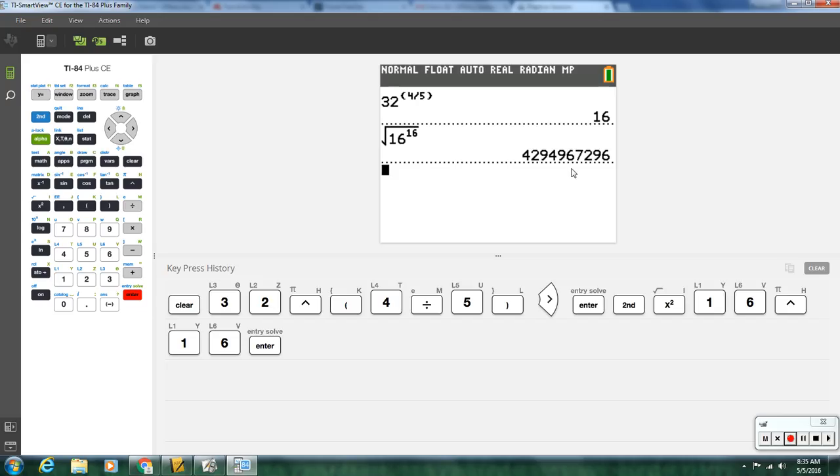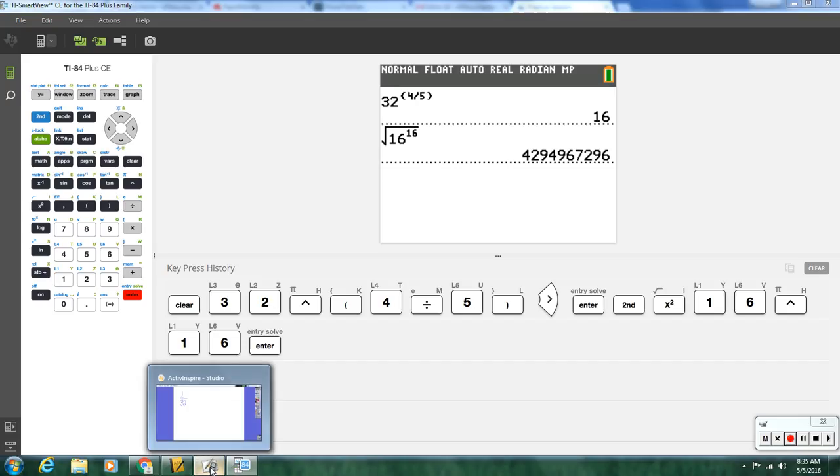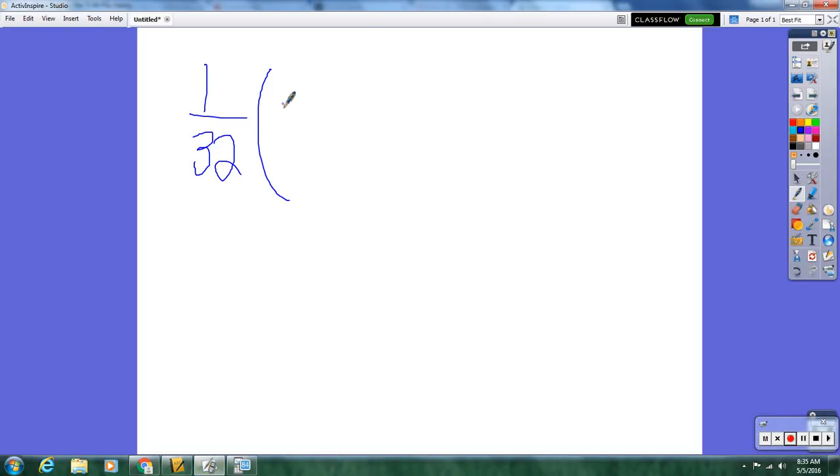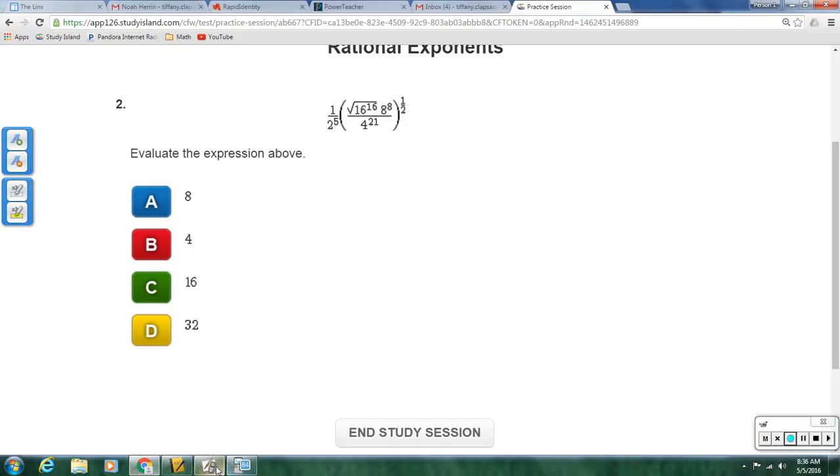Yeah, okay, so as long as you got it on your calculator, so when I come over here, I can write it. Then we got parentheses, alright, tell me what it was, 4, 2, 4, 9, 4, 9, 6, 7, 2, 9, 6. Oh, no, alright, now, what was 8 to the 8th, who has that one?